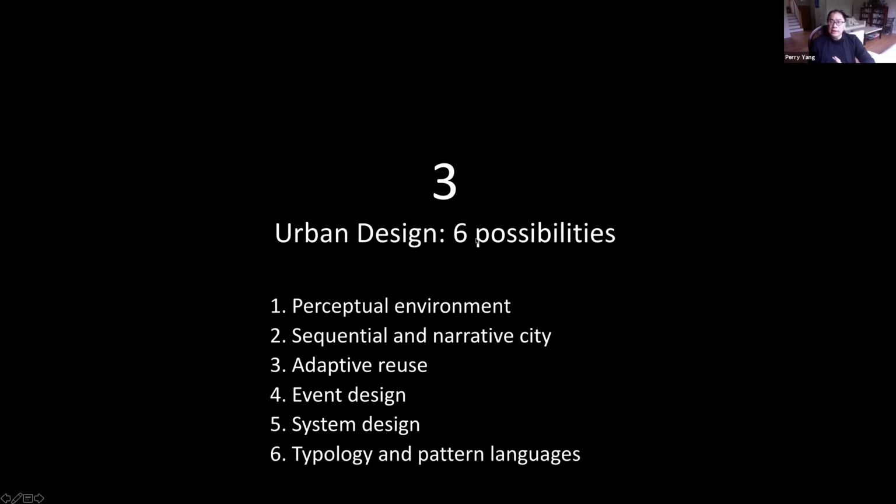There are some six possibilities that Kevin Lynch mentioned in his writing, and I redefine those six possible approaches of urban design, including perceptual environment, sequential narrative city, adaptive reuse, event design, system design, and typology.